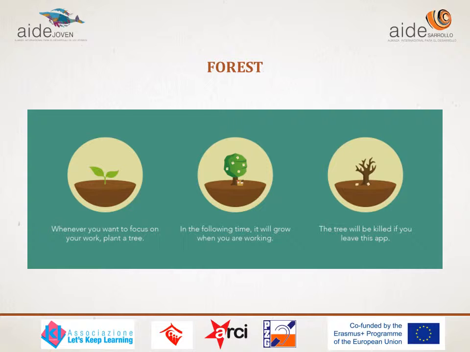What happens then? After some time, you will probably be tempted to check your phone. But when you look at your phone, you will find this, a wonderful little tree which is growing as you're working and not checking your phone. The longer you stay without touching your phone, the bigger the tree will grow.